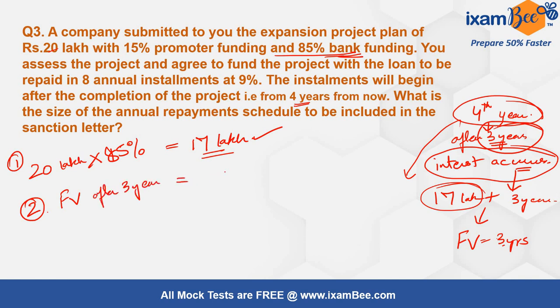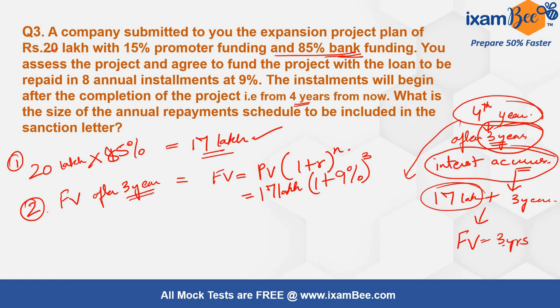Okay, so after that is simple. We were seeing in the first slide, the compounding. My future value is equal to my present value into 1 plus r to the power of n. So my future value is basically 17 lakh into 1 plus r, which is 9%, to the power of 3, because for 3 years my interest is getting accrued.